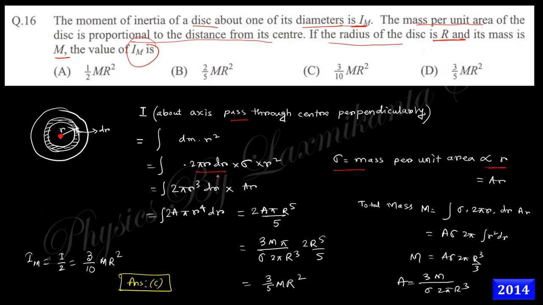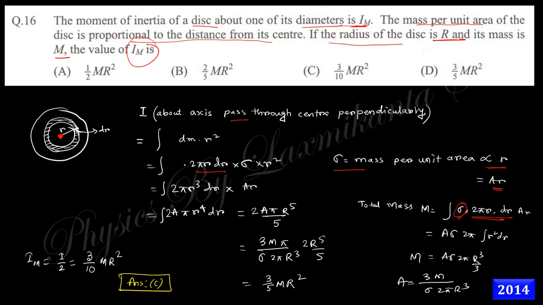If you rearrange them, you will get this one. Sigma is nothing but a r. Put this value and integrate, you will get this one. And what is the value of a? You get this value of a from this relation: total mass equals sigma, the mass per unit area, times the area of the strip.